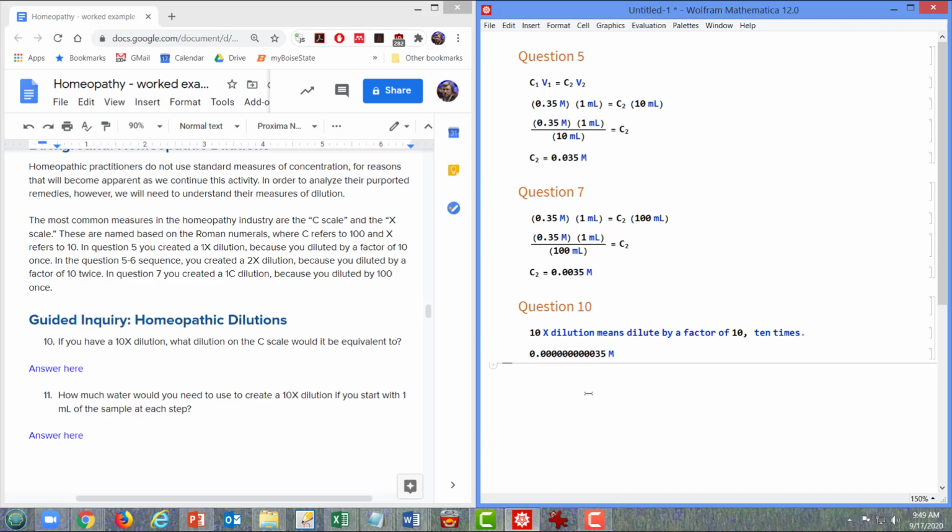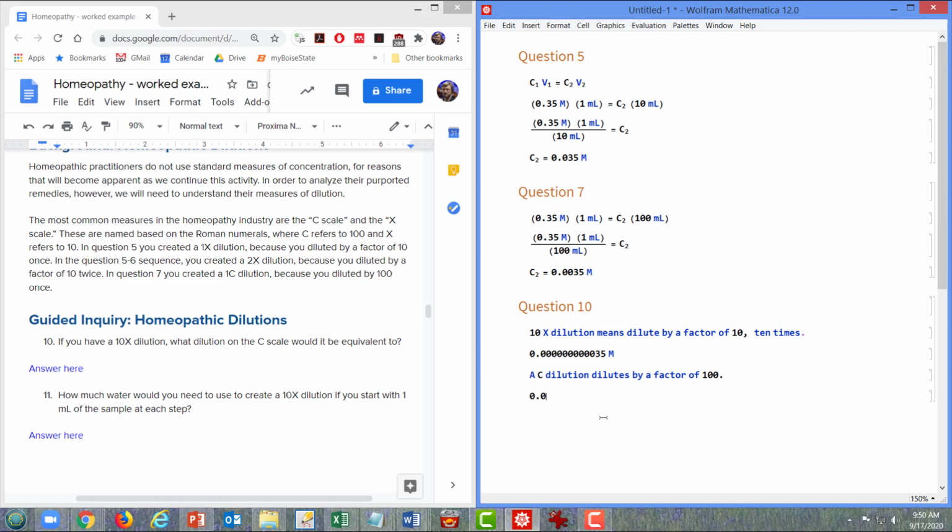Now, when we are doing the C scale, a C dilution dilutes by a factor of 100. We don't know how many times we need to do that yet. So what we are trying to do is dilute by a factor of 100.